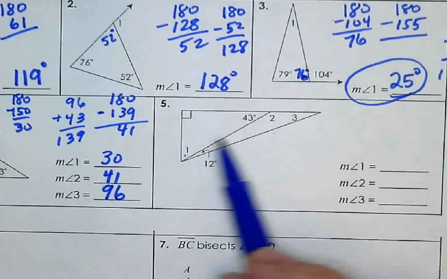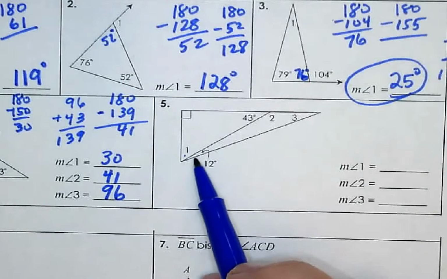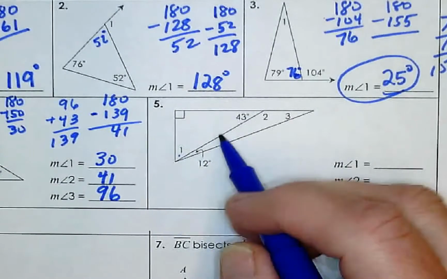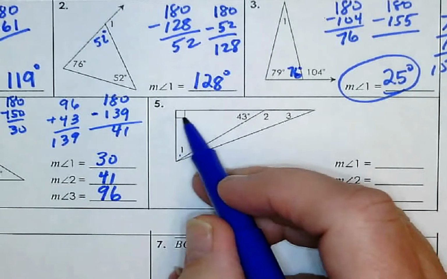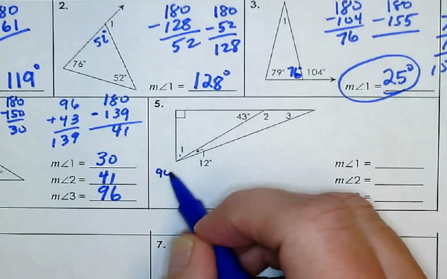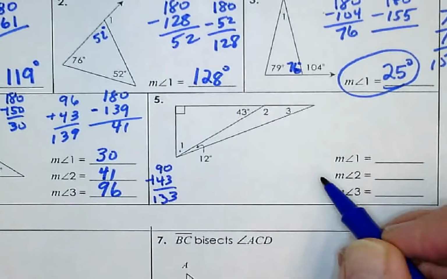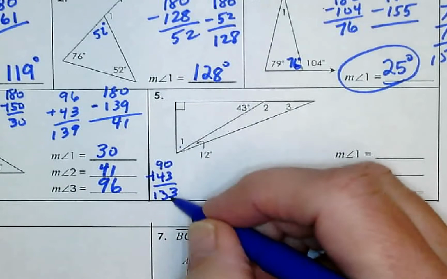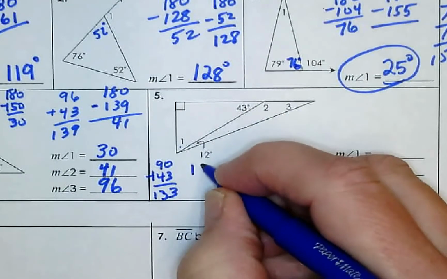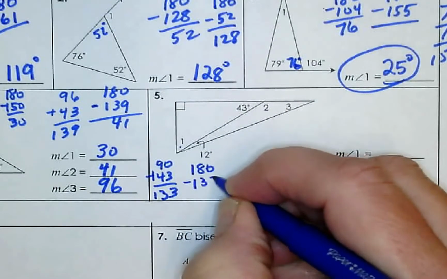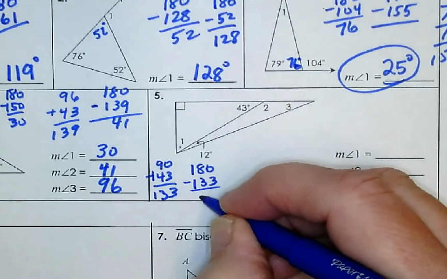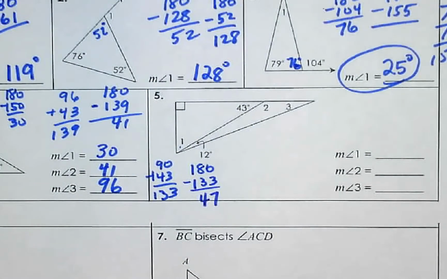So let's start with the one that we know 2 angles with. That'd be angle 1. So I go 90 plus 43. I would take that total 133 and subtract from 180. So angle 1 there is 47.